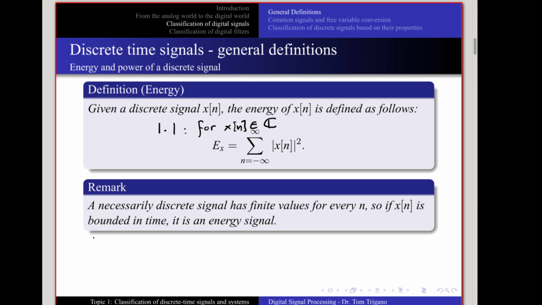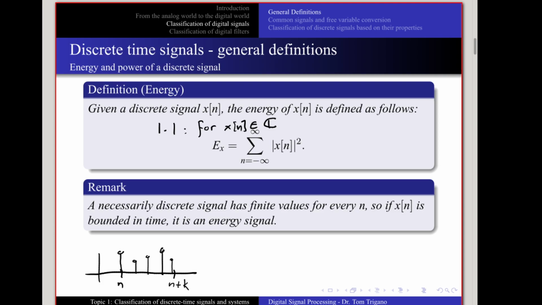There is an interesting property for continuous time signals, stating that if a continuous time signal is bounded in time and in amplitude, then it necessarily has finite energy. The same property also exists for digital signals, but it is even simpler, because if you focus on a closed interval of integers, and you assume that the signal is defined in this interval, then all the values of the signal in that closed interval are finite.